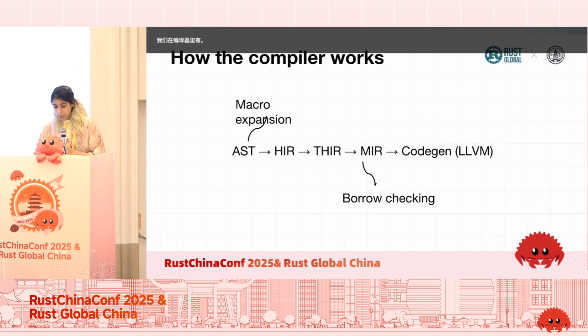So, first we'll go through a quick breakdown of how the Rust compiler works. There are several stages, as in almost any compiler. They broadly are the lexing, which isn't pictured here, the parsing into AST, so more or less the first real stage of the compiler, the HIR, which is an intermediate representation, the THIR, a substage of HIR, the MIR, and then codegen.